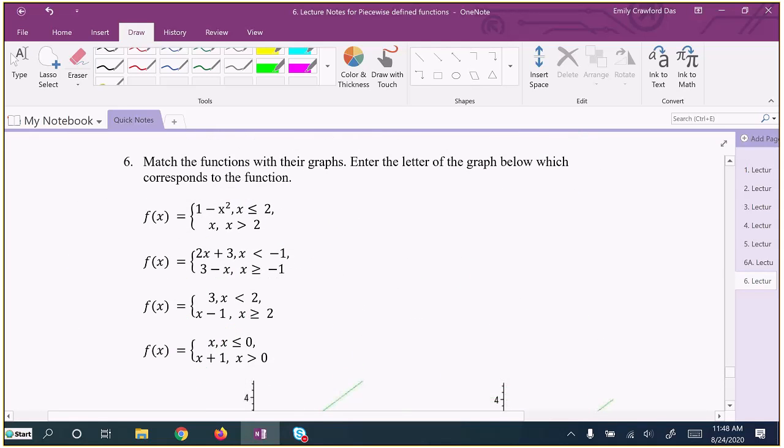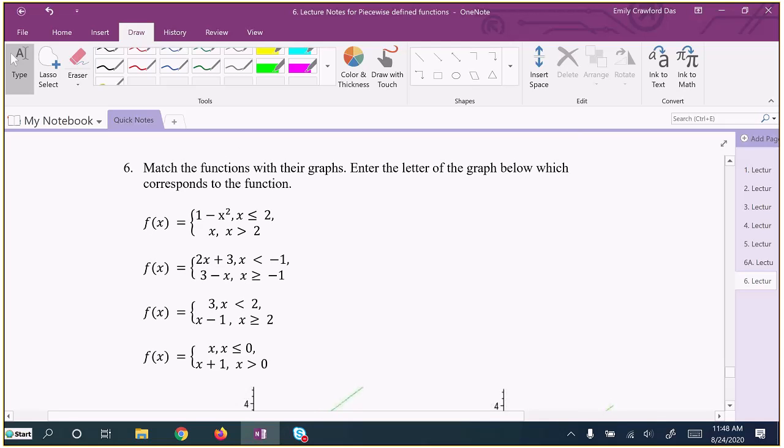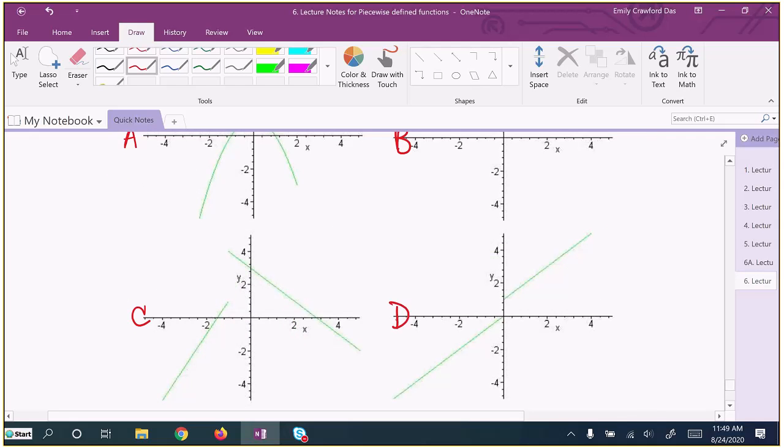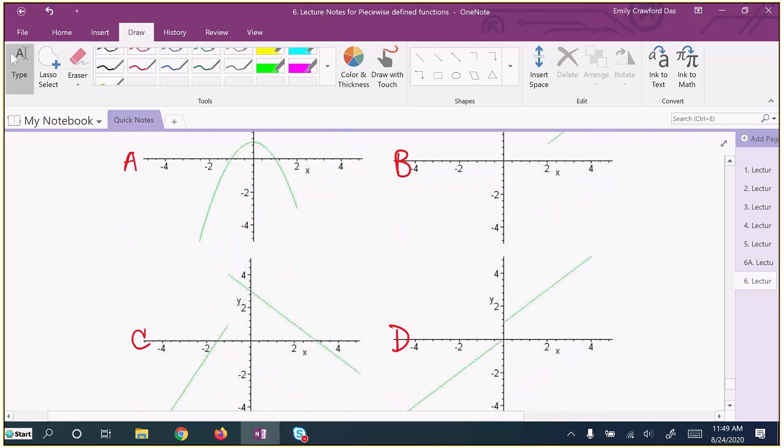So the last question here in the lecture asks us to match the functions with their graphs. So here we see several examples of the piecewise notation, and we want to be able to match the corresponding picture. I'm going to number these 1, 2, 3, and 4, and then I'm going to give these graphs names A, B, C, and D, and we're going to just try to match them.